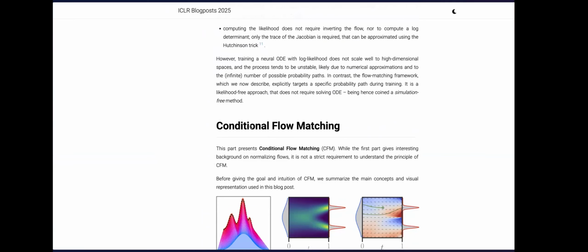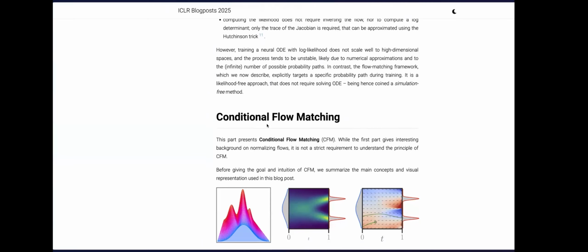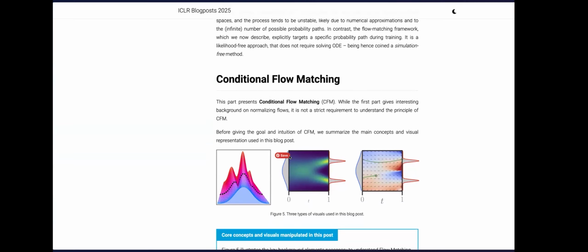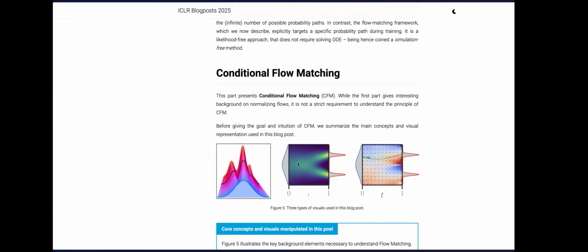Now, the word conditional, as you have also explained, refers to the fact that as data, we only have access to samples on the initial side, on the base side, and on the final side, target side, right? But what we are going to do is we will define a velocity field that is conditioned on some variable that we create called z.